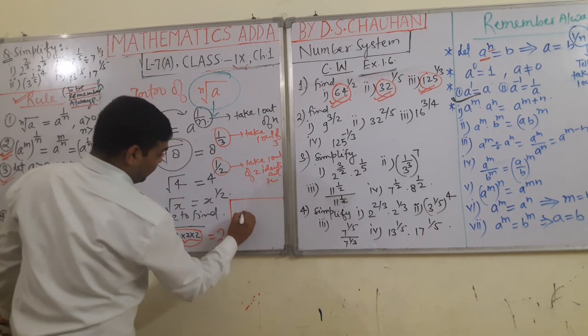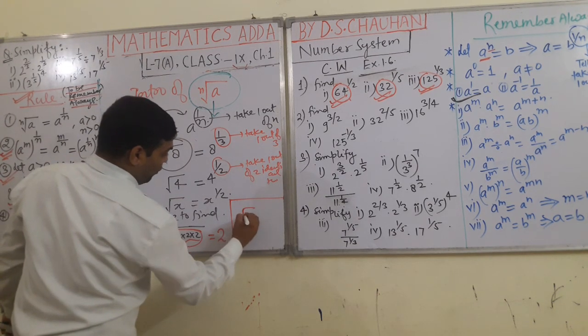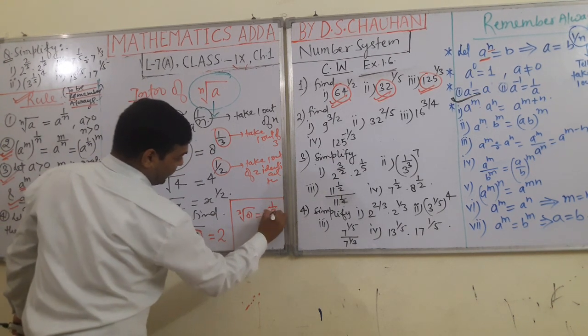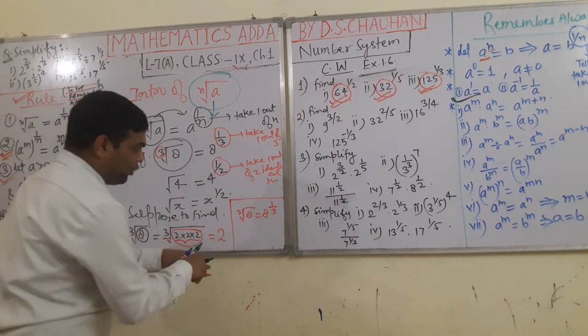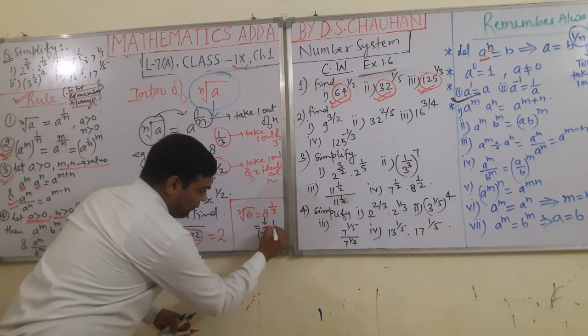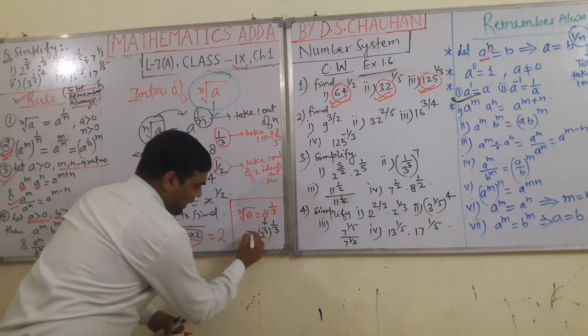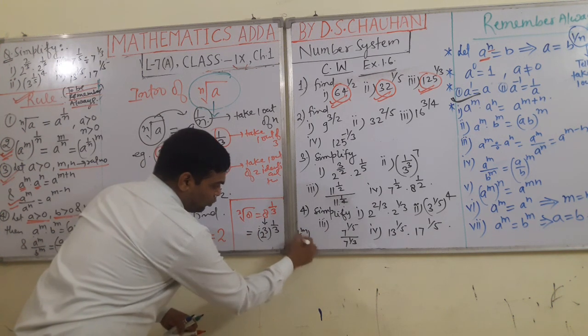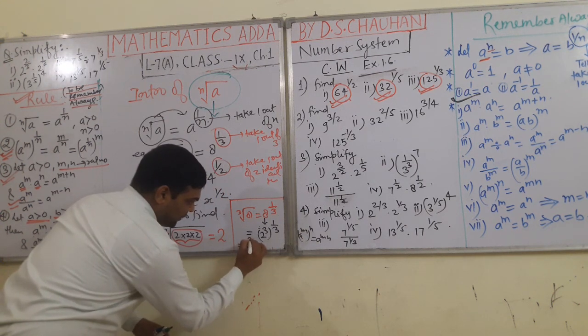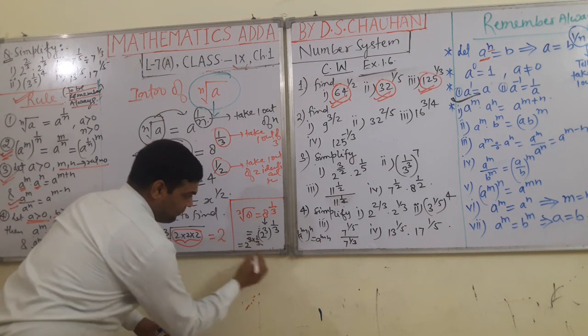Another way you have seen just now. Cube root of 8 can be written as 8 to the power 1 by 3 as per the concept, and then you have seen that 8 can be written as 2 cube to the power 1 by 3, which is of the type a to the power m to the power n. It is a to the power mn. With the help of this formula very easily we can solve.